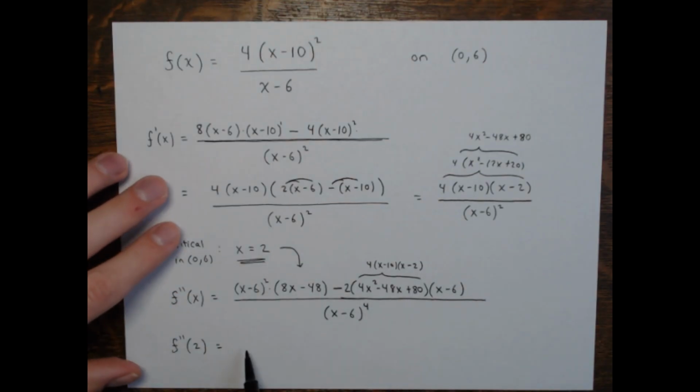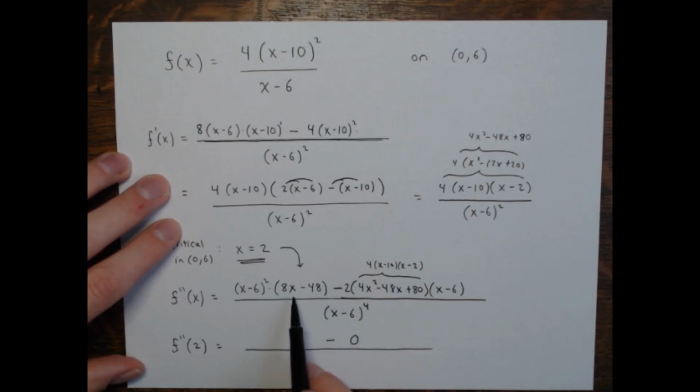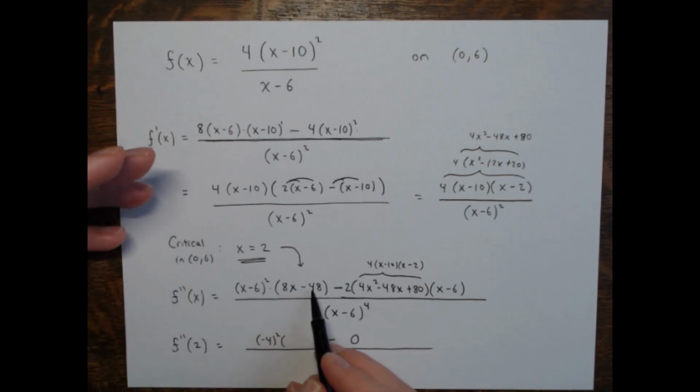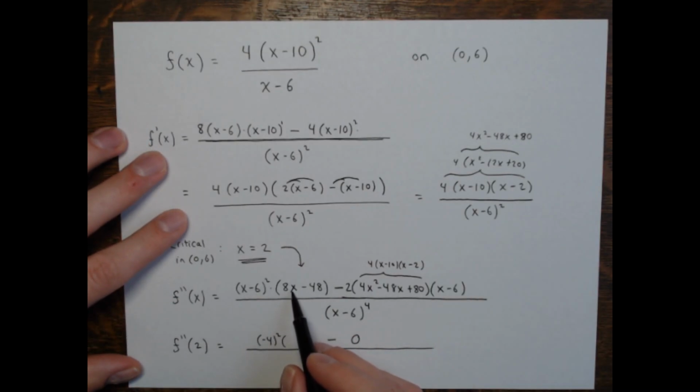So when I plug 2 in to this, one of the factors is going to be 0. So I'll have minus 0 from that. And then this part is negative 4 squared, right, 2 minus 6, times 8 times 2, which is 16. I could have factored the 8 out and made that x minus 6 cubed, whatever, but 8 times 2 is 16, minus 48 is negative 32.